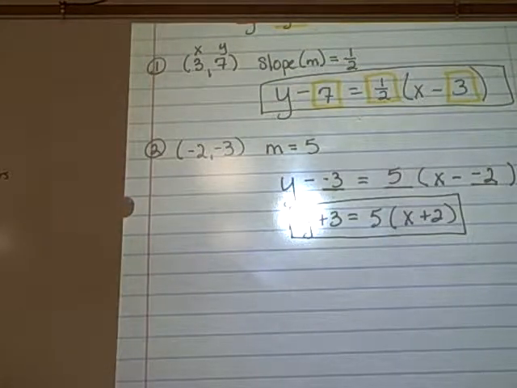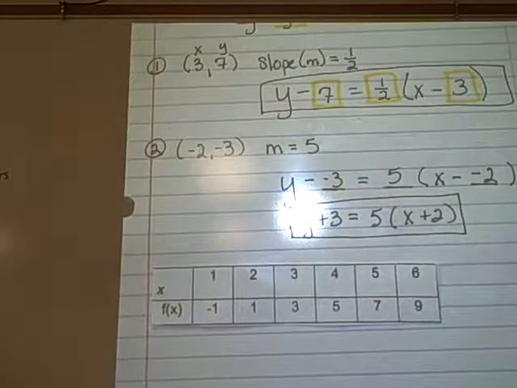Okay, cut out your two tables real quick. We're going to use those. And then we're going to go back and write the equation on those graphs and maybe on one of the ones on the front page.